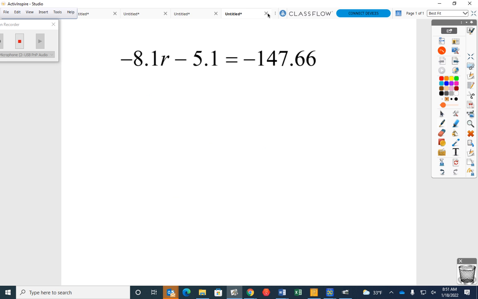Ready? Go. 8.1 R, that's a lot of minus. Equals 1.66. Don't forget that negative. I put this in front of the 8.